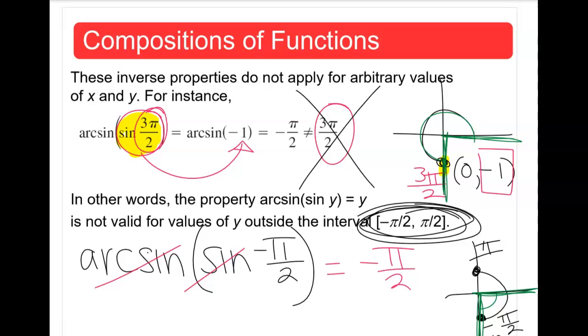Their terminal side is on the negative y-axis, and so they do share the same value for sine. It is -1. The coordinates there are also (0, -1). And so to answer this question, arcsine of -1, the answer correctly will be -π/2.